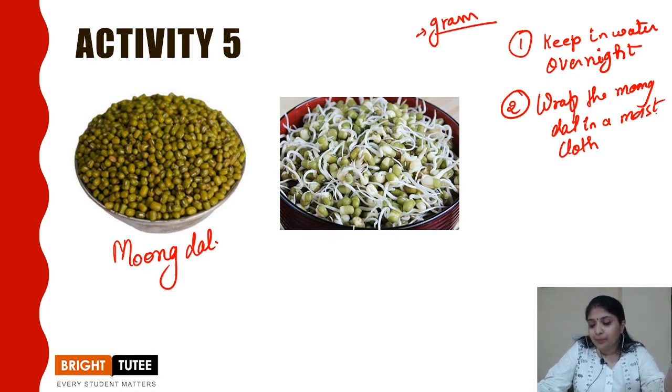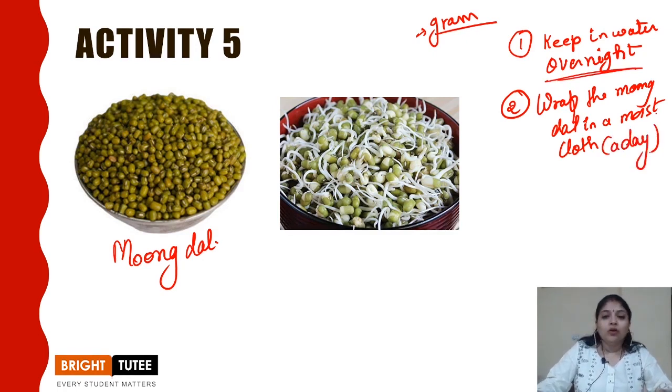Then what will happen? You can keep it overnight or for a day, right? You have to keep it for a day and then open it. When you open the cloth, you might find a white colored structure that has come out of the moong dal.